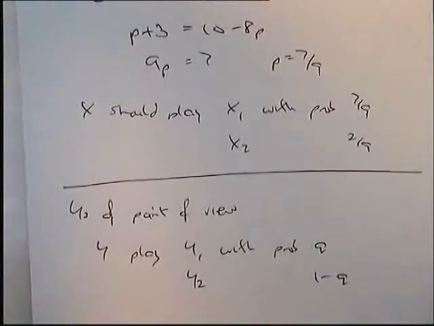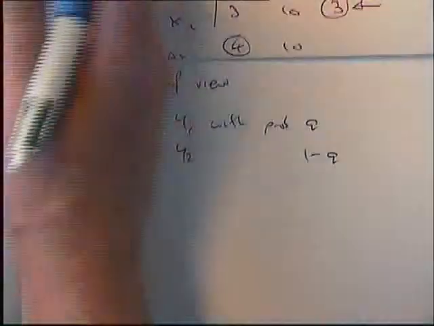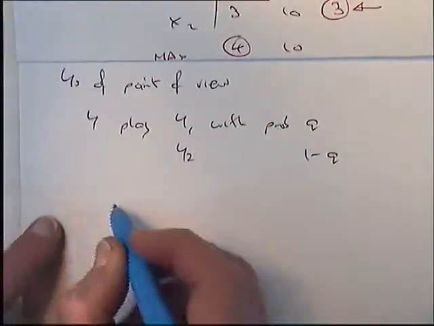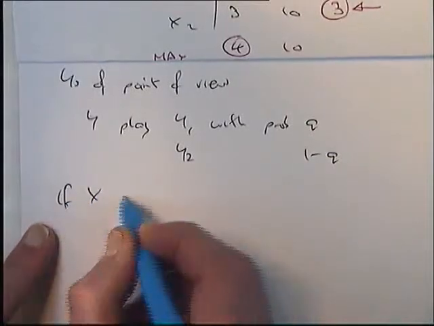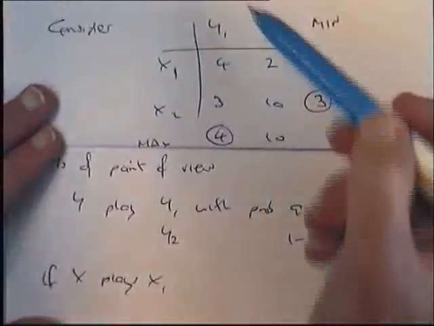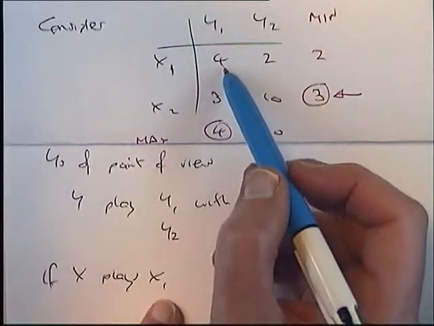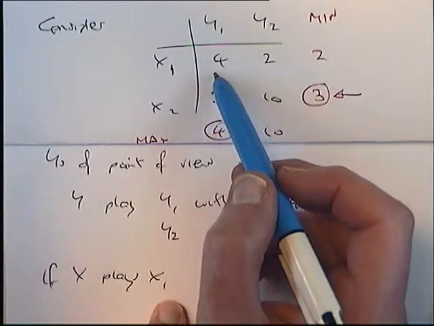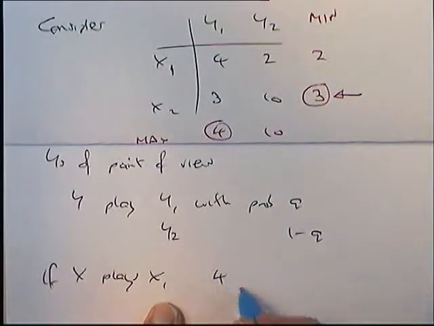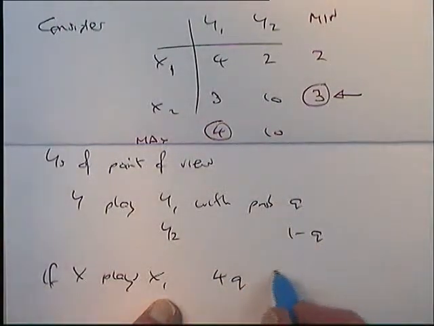If I get the matrix we're looking at back again, which was here, well, y has to think, what will happen if x plays x1? If x plays x1, which is along here, y will lose 4 with probability q, and y will lose 2 with probability 1 minus q.